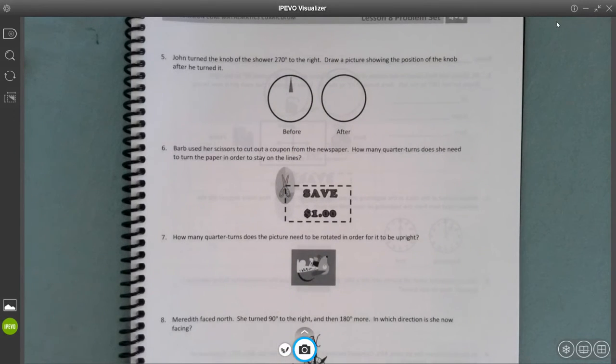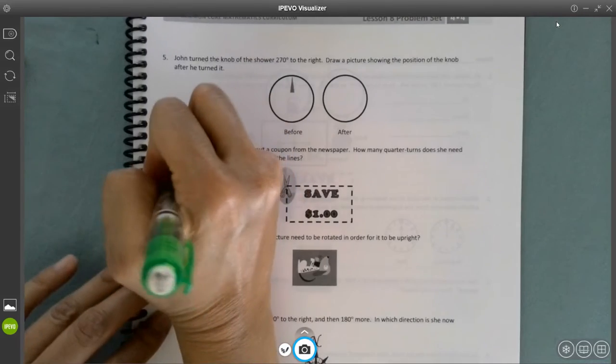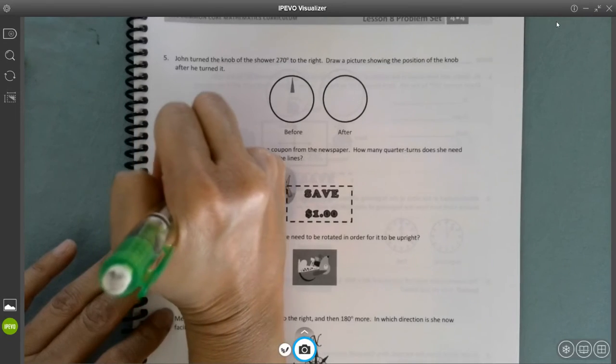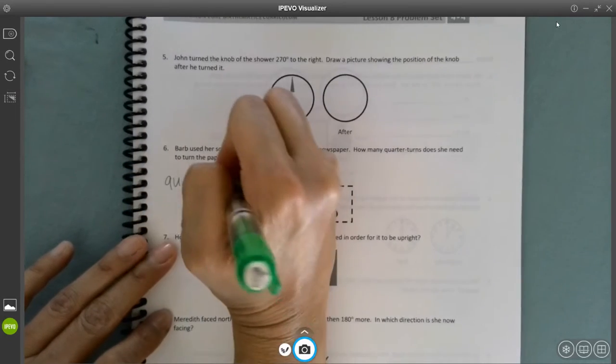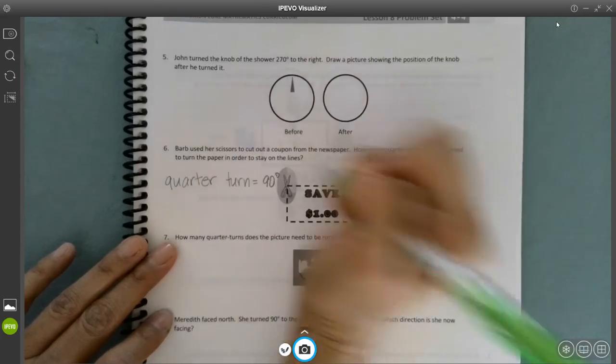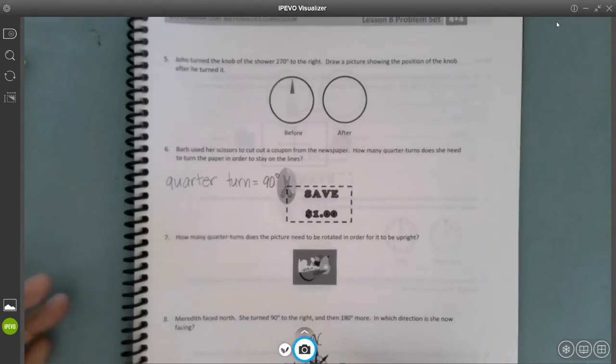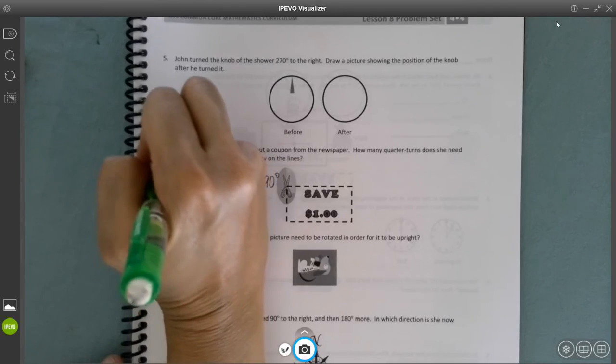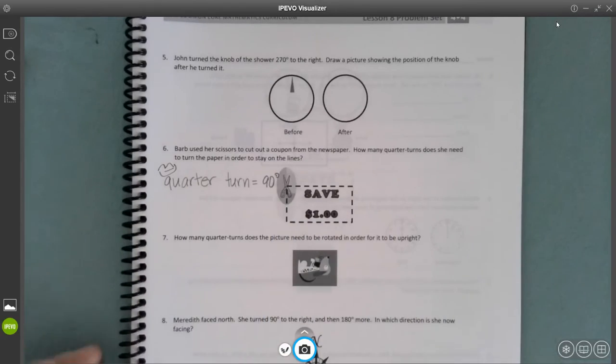Number 6, Barb used her scissors to cut out a coupon from the newspaper. How many quarter turns does she need to turn the paper in order to stay on the lines? Now remember, a quarter turn equals 90 degrees. You can call that language of the discipline. A quarter turn equals 90 degrees.